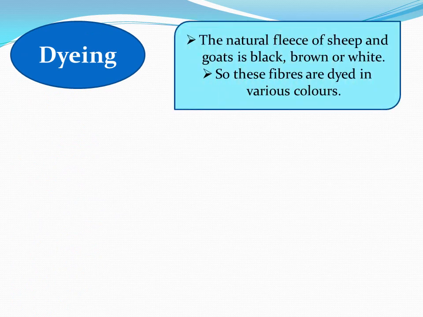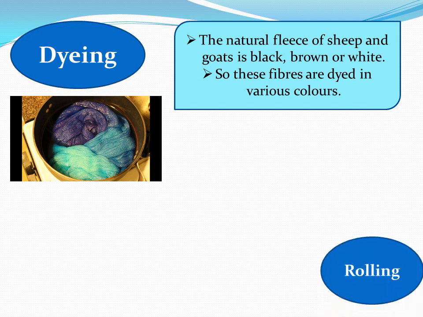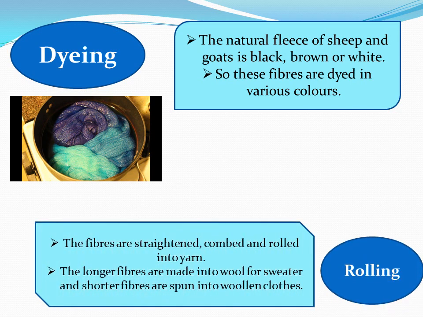The next step is dyeing. The natural fleece of sheep is usually black, brown or white in color. So, these fibers are dyed into many different colors by the process of dyeing. The next is rolling.